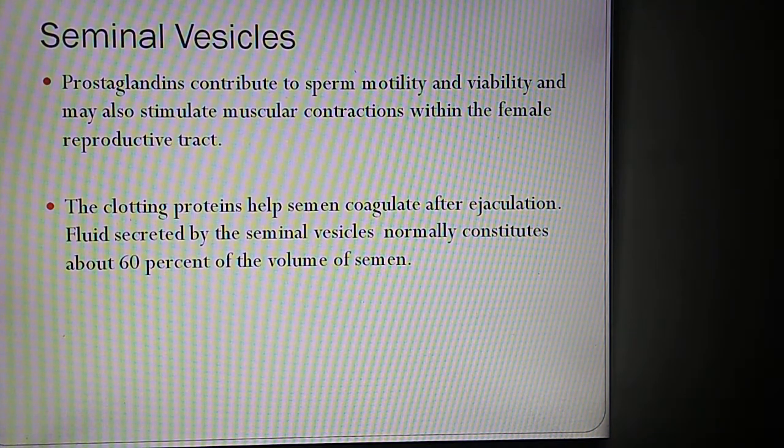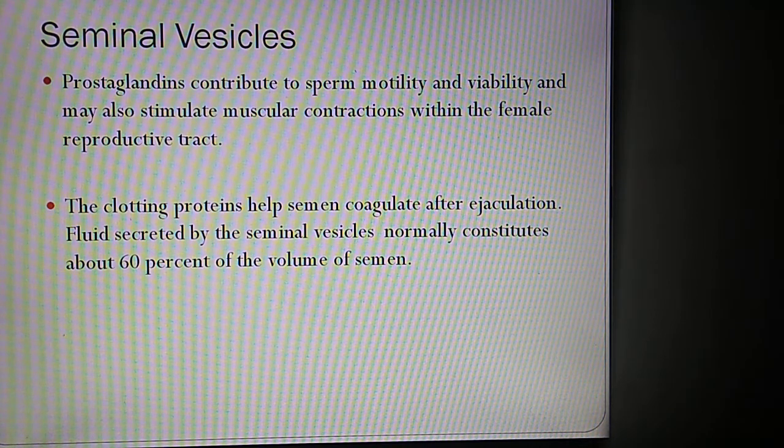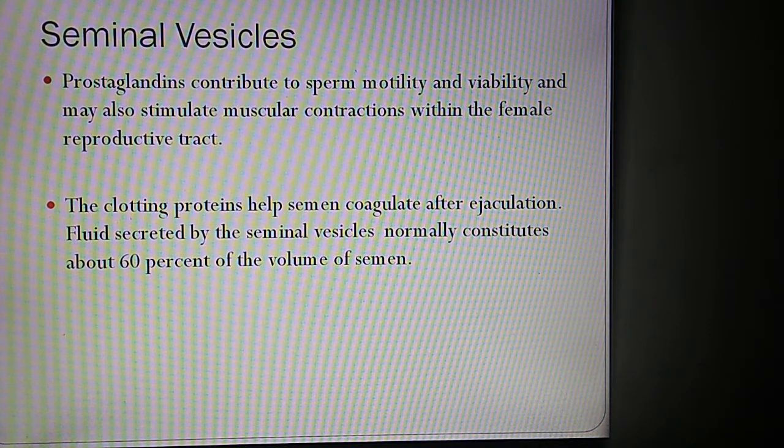Prostaglandins contribute to sperm motility and viability and may also stimulate muscular contraction within the female reproductive tract. The clotting protein helps semen coagulate after ejaculation. Fluid secreted by the seminal vesicle constitutes about 60% of the volume of semen.